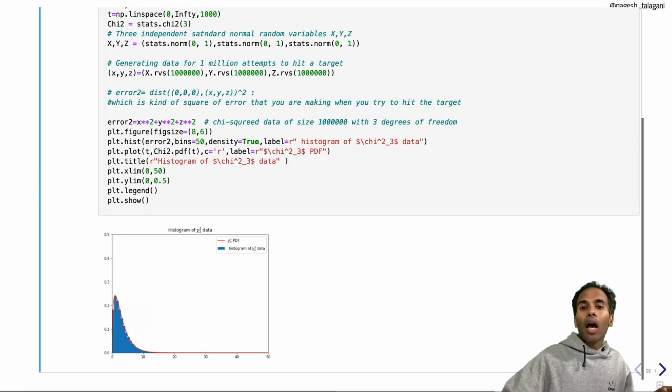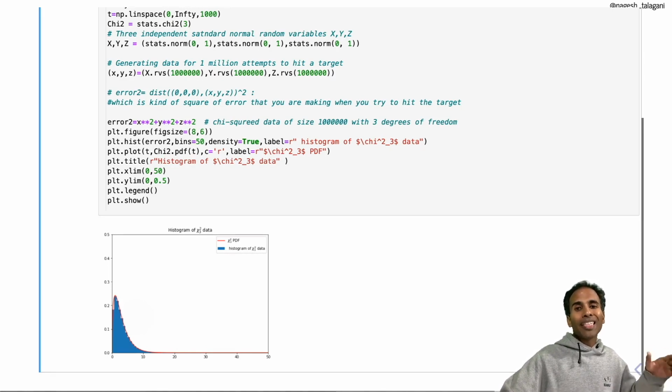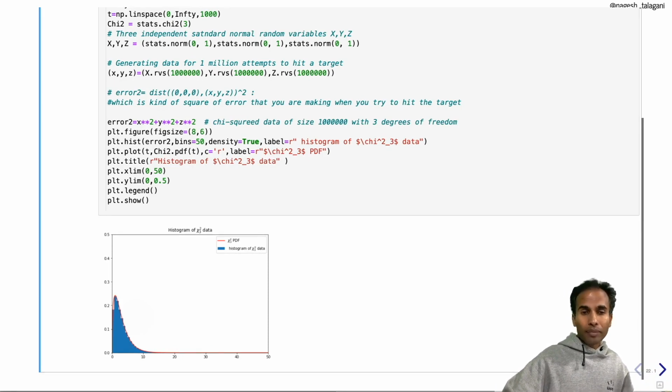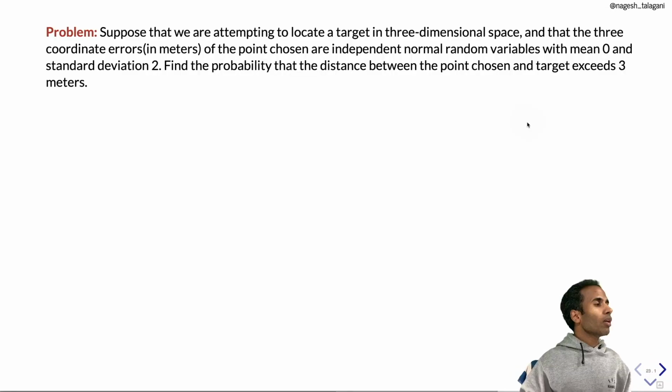As we mentioned, this chi-square distribution with n degrees of freedom often arises in practice as the distribution of error square involved when we try to hit the target in n-dimensional space, when we assume that the errors we make in each coordinate are standard normal random variables. Okay, let's do a problem.